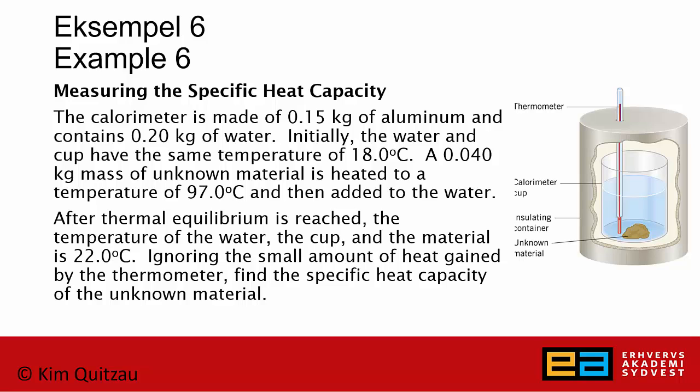After thermal equilibrium is reached, that means the cup and the water and the unknown material have the same temperature, then the temperature of the water, the cup and the material is 22 degrees Celsius. Ignoring the small amount of heat gained by the thermometer, find the specific heat capacity of the unknown material.